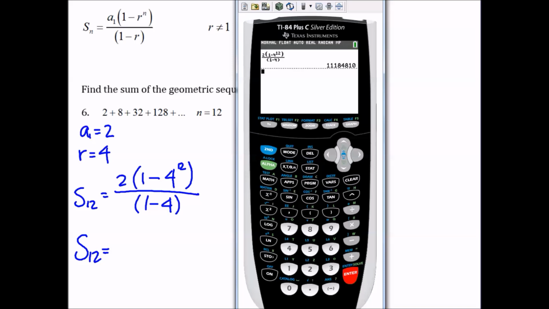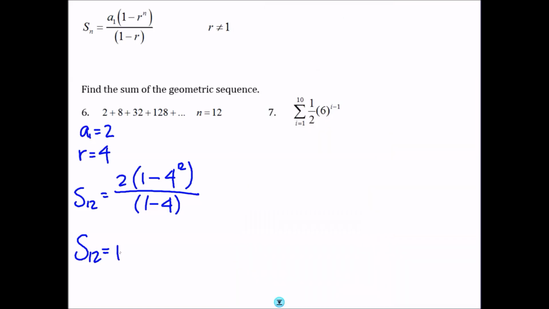Now, the sum of geometric sequences, they're usually going to be some pretty large numbers because we're multiplying, so the numbers are getting big pretty fast, and then you're adding together a bunch of numbers, so we're going to have a large answer. So our answer here is a little over 11 million.